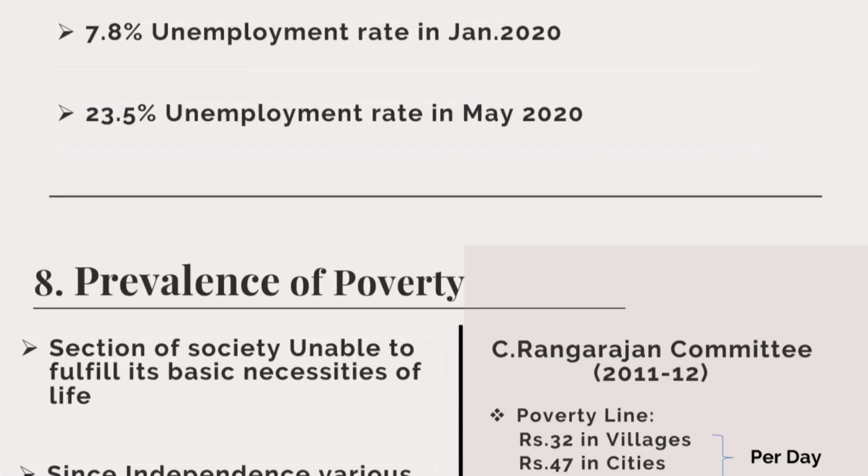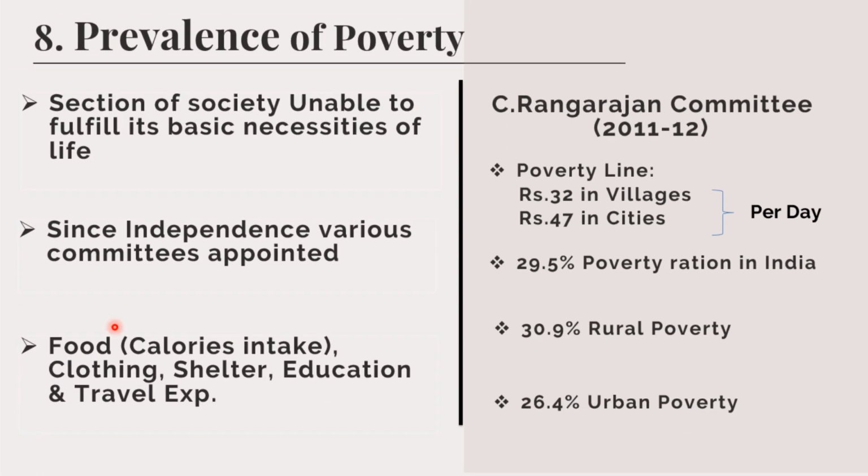Now, the next characteristic is prevalence of poverty. Poverty is the situation in which a section of a society is unable to fulfill its basic necessities of life. The people who are not in a position to meet their basic needs are considered as the people living below poverty line, or the people who are living under poverty.